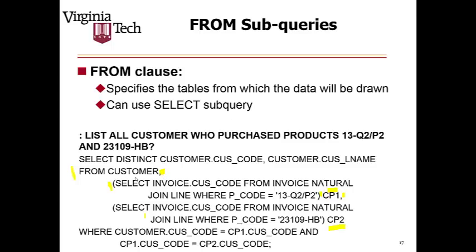Right? Select from customer, subquery one row into CP1, subquery one row into CP2. So select where the customer code equals CP1 customer code, and CP1 equals CP2 customer code. So that's all people that purchase both of those products.